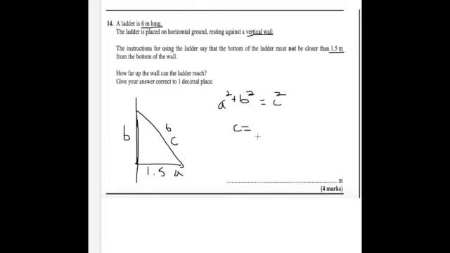So c is the square root, because you're getting rid of the square, of six squared minus 1.5 squared. It says to 1 decimal place, so 5.8.